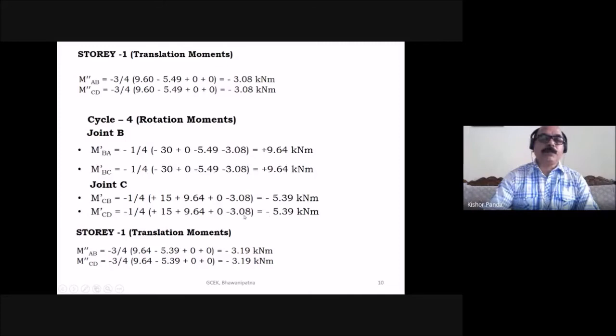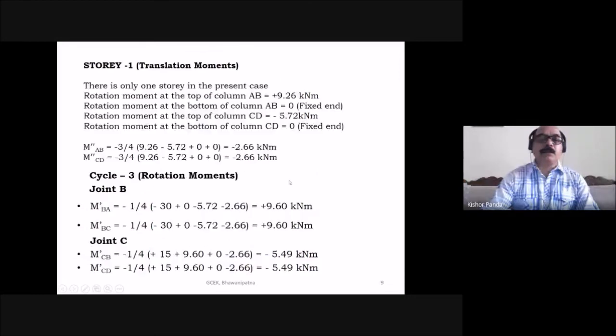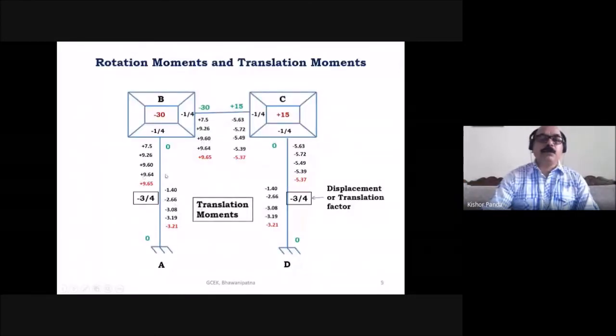Similarly, at joint C, minus 1 by 4 into 15 plus 9.64 plus 0 minus 3.08, minus 5.39 kilonewton meter. So you put this, and for CD also the same 9.64 and minus 5.39.